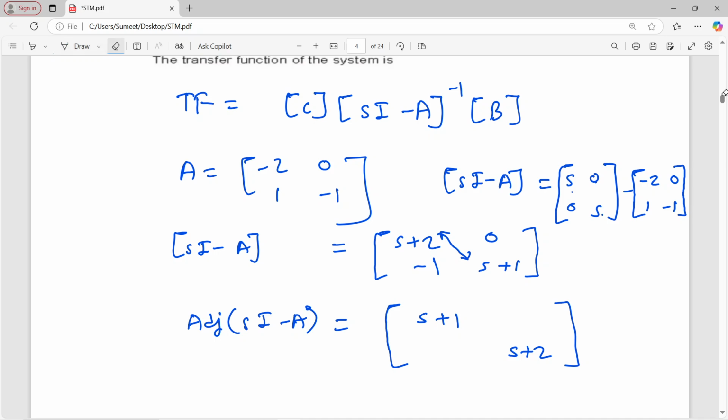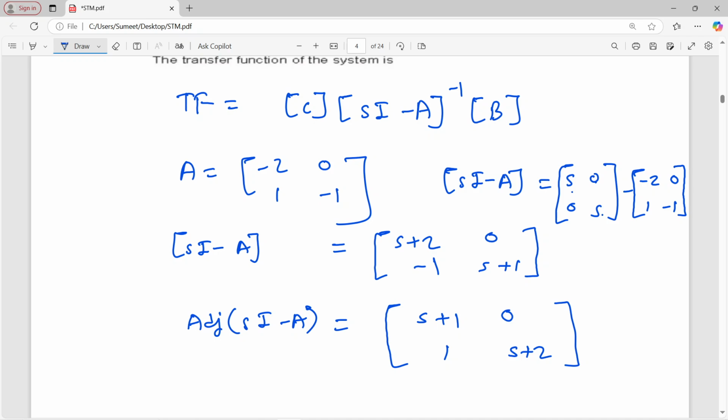The next step is if there is a negative sign, then put a positive sign; if there is a positive sign, put a negative sign, for these two elements. Change the sign of these two numbers. Don't interchange, just change the sign. So here it is 0, so 0 remains 0, and here it is -1, so -1 becomes +1. So this is your adjoint of sI minus A matrix.